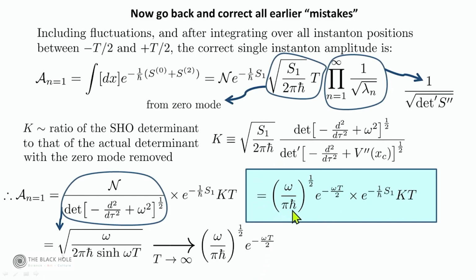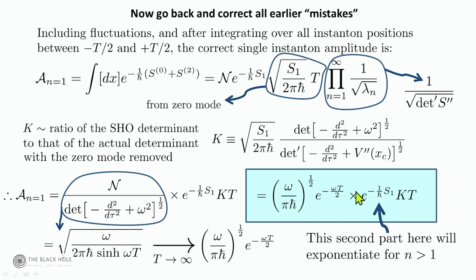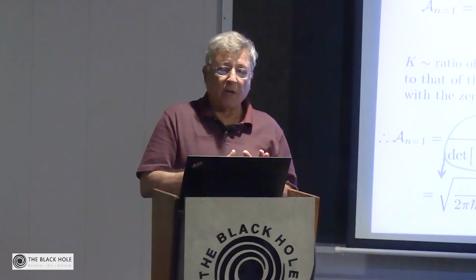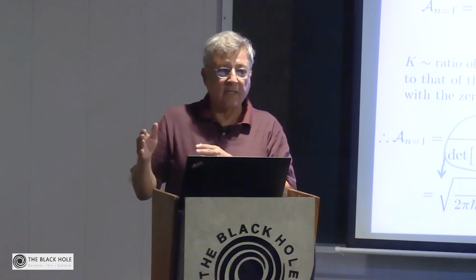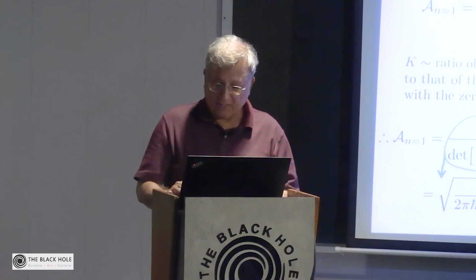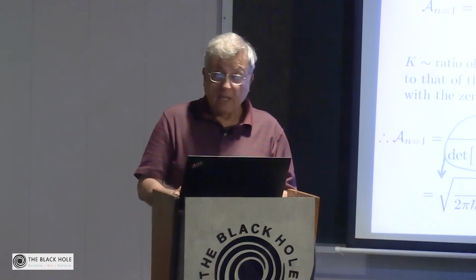There's this normalization factor, and each instanton will contribute this much, and this second part is going to exponentiate when I have not one instanton, but 3, 5, 7, 9, 11, etc. instantons.